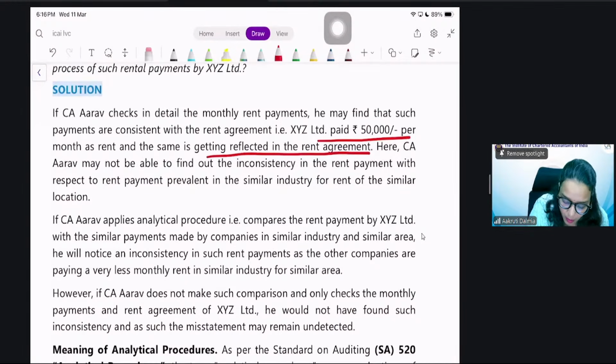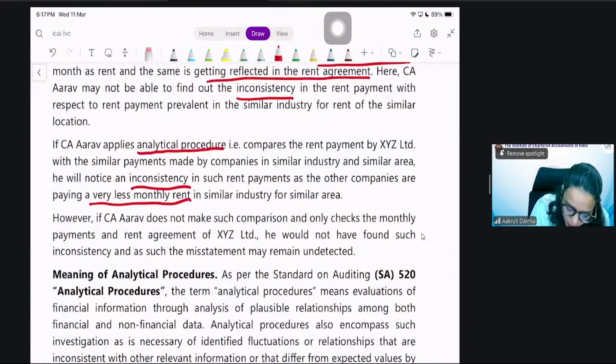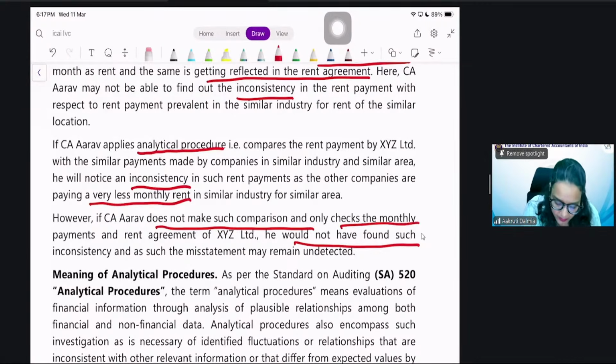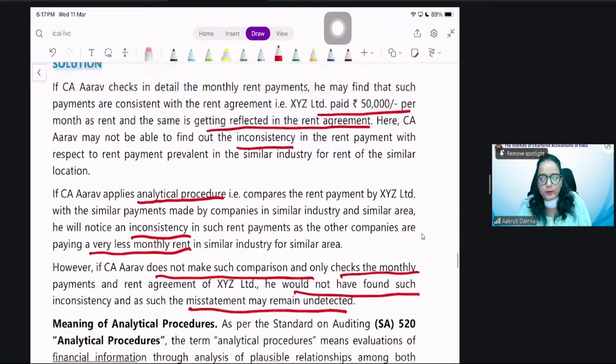Your CARF may not be able to find any inconsistency in the rent agreement with respect to rent payment prevalent in the same industry. But if CARF applies analytical procedure with the similar payments made by companies in a similar industry, he will notice an inconsistency in such payments as other companies are paying very less. However, if CARF does not make such comparison and only checks the monthly payments, he would not have found such inconsistency and the misstatement may remain undetected.